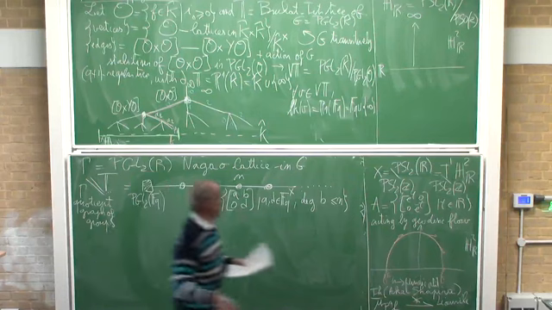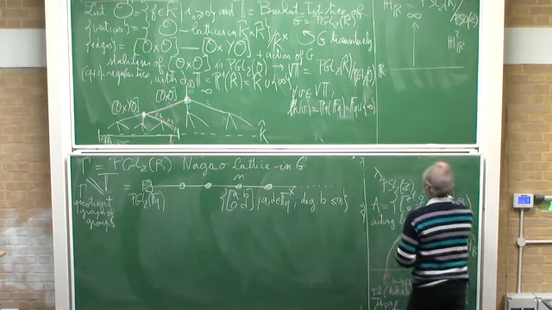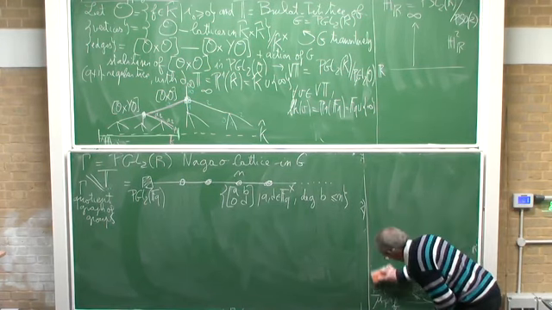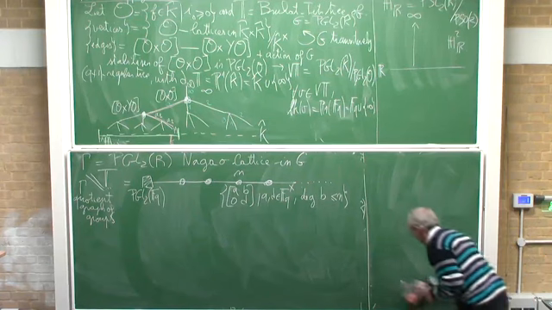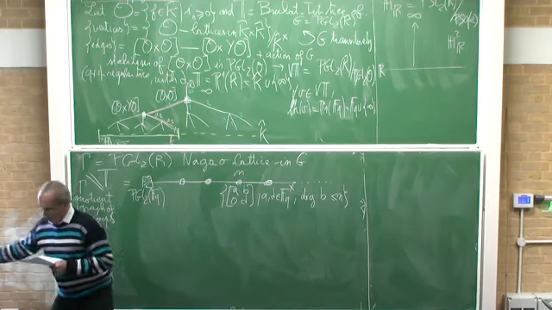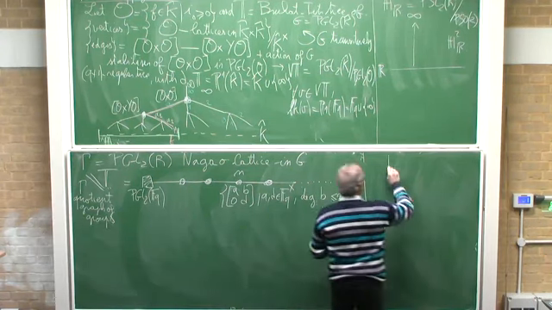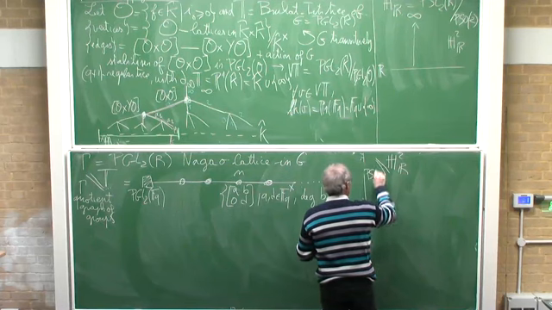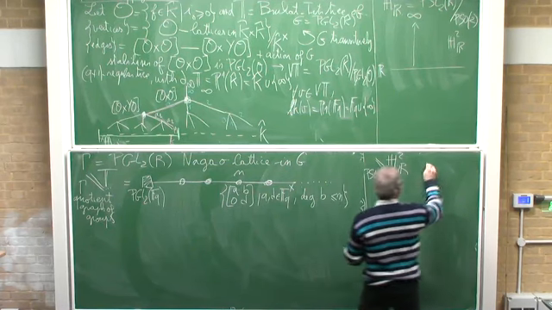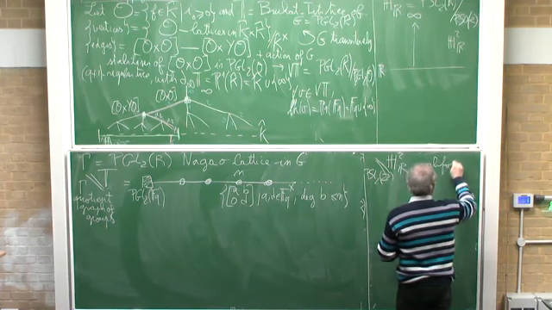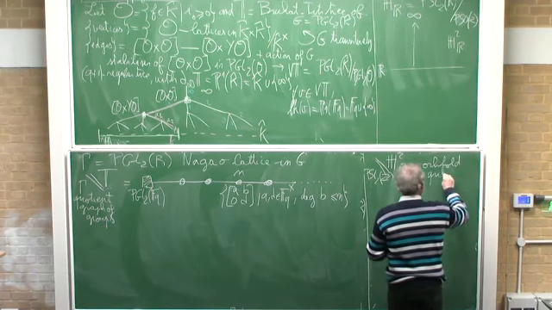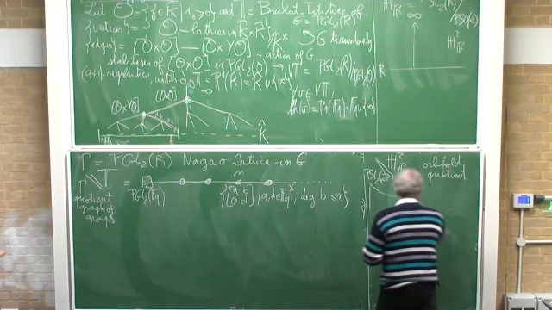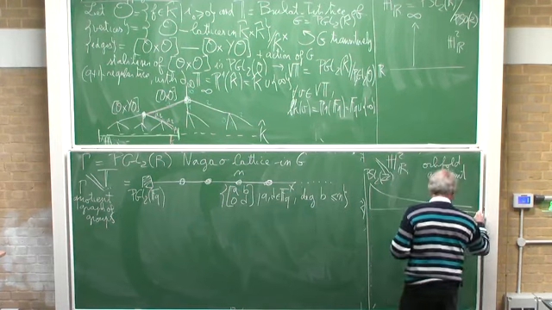Now, everybody knows the analog in the real case. This is the orbifold quotient of the hyperbolic plane H^2 by PSL2 of Z, and this orbifold quotient behaves like that.